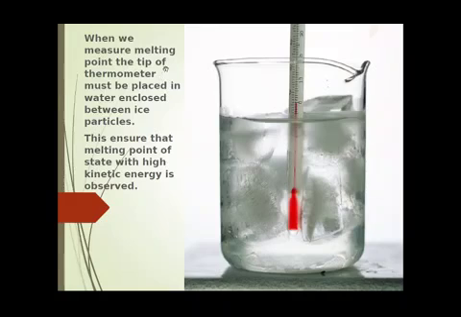So now, as we have discussed earlier, when we measure melting point, the tip of the thermometer must be placed in water enclosed between the ice particles. This ensures that the melting point of a state with high kinetic energy is observed.